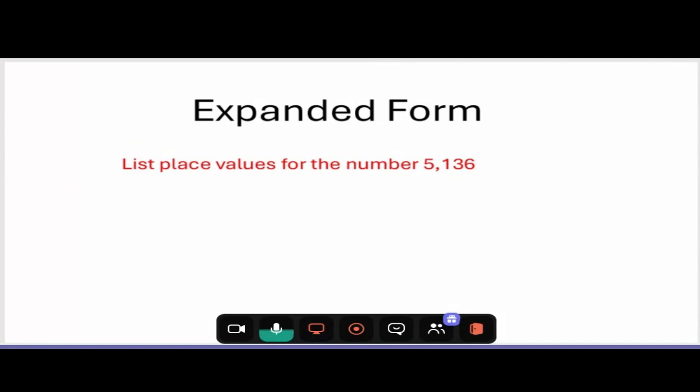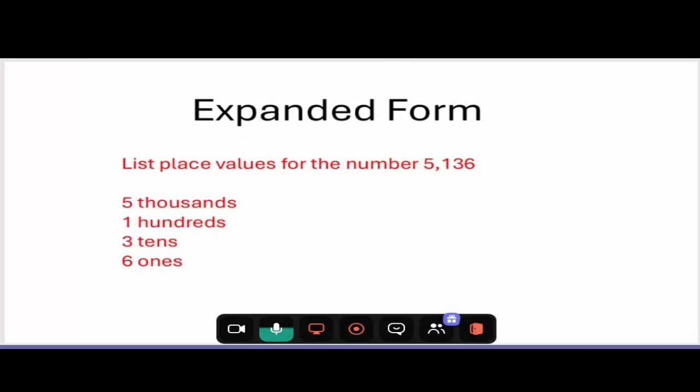We're going to take that now and use it to talk about what we would call expanded form. So when we write a number like 5,136, this 6 here just represents 6, but as we said before, that 3 doesn't represent 3. That 3 actually represents 30. That 1 there actually represents 100. And that 5 there represents 5,000.